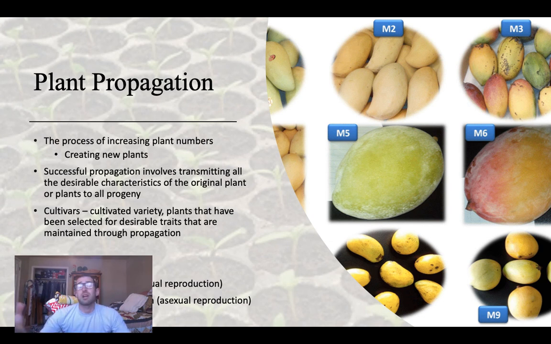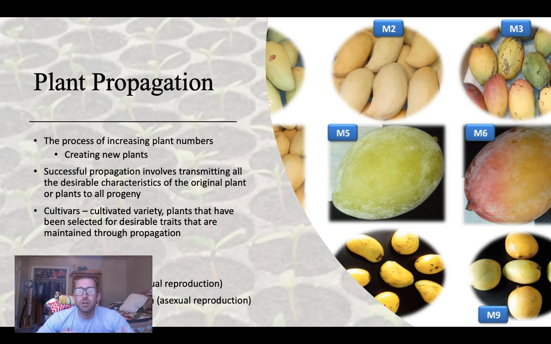They are desirable traits, and we want to make sure that the new plants have those same traits. So that's one of the big considerations that we take when we are doing propagation. And that consideration is going to influence some of the methods that we use, whether we are propagating by seed or whether we are propagating vegetatively, as we're going to look at in this lecture. So that's an important point.